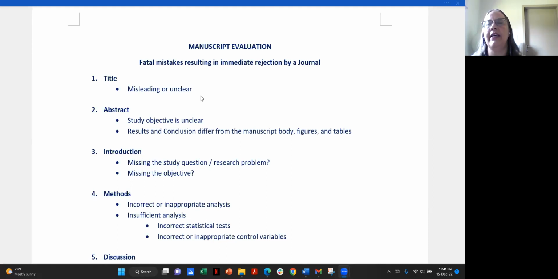So if you're investigating, say, the prevalence of a disease, and you write in your abstract, the prevalence is 50%, and then in your results section of your text, you've written the prevalence is 20%, there's a huge error there. So always check at the end, when you've written that, that the information in the abstract is the same as what is in the text.